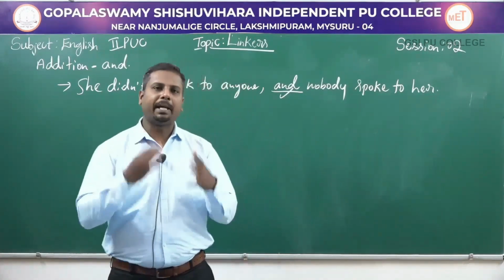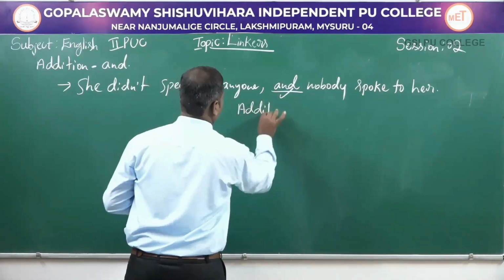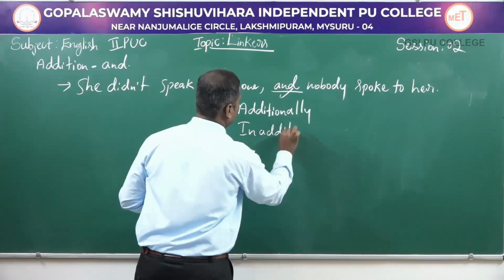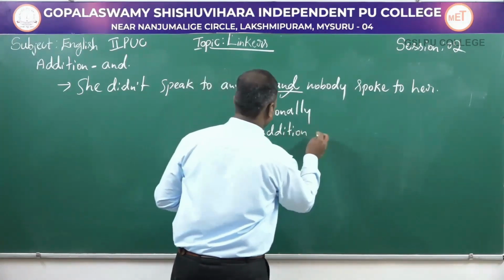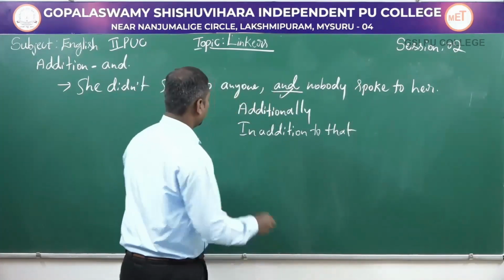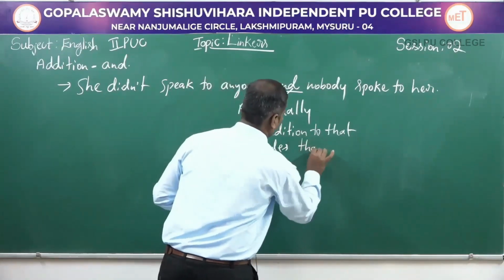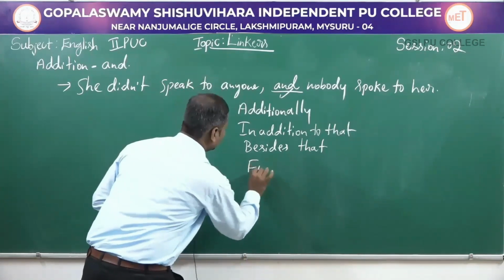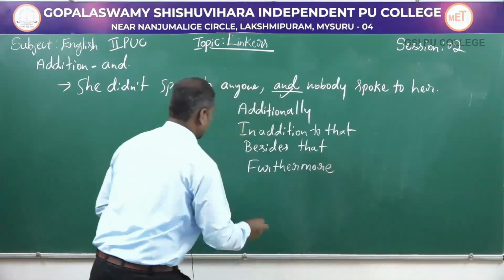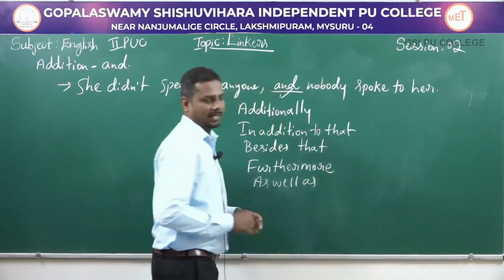Better alternatives at the beginning of a sentence are additionally, in addition to, in addition to that, besides that, furthermore, and as well as.